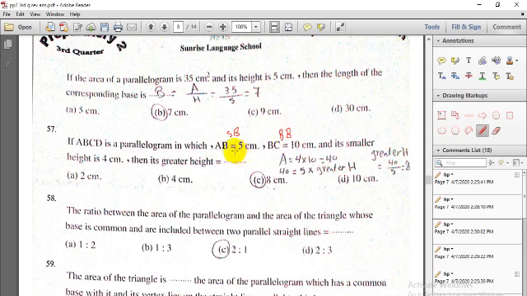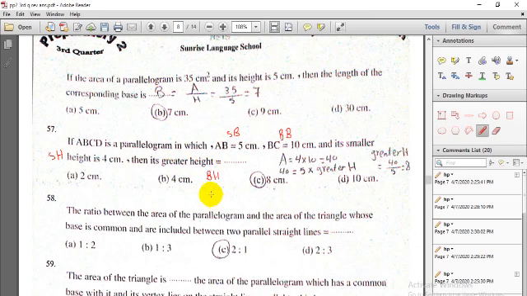So the small base is 5 and the bigger base is 10. And he gave you the small height, which is 4. So he wants the greatest height, the biggest height.